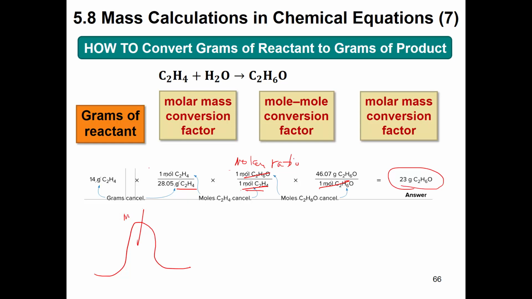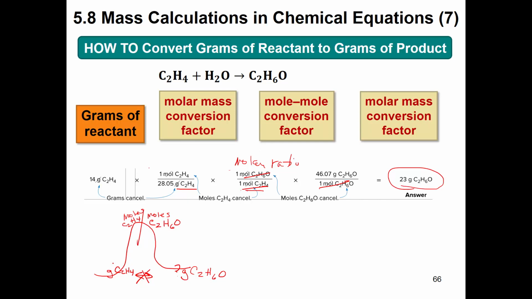Because this is moles of whatever I started with, so in this case it's C2H4, and this is moles of C2H6O, because that's where I'm going. Alright, so I've got grams of C2H4, and I want to know grams of C2H6O. And I cannot go straight under the molehill. I've got to go over the molehill.